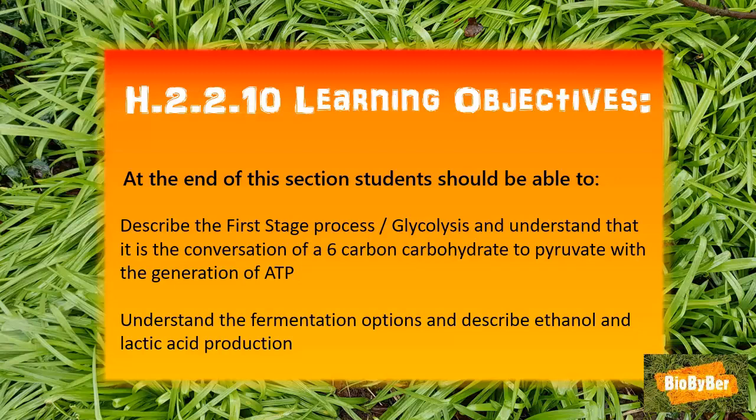We have to be able to describe glycolysis and understand that it is the conversion or changing of the 6-carbon glucose molecule to pyruvic acid with the production of an energy-rich chemical called ATP. We have to understand that there are different fermentation options and be able to describe ethanol and lactic acid production.